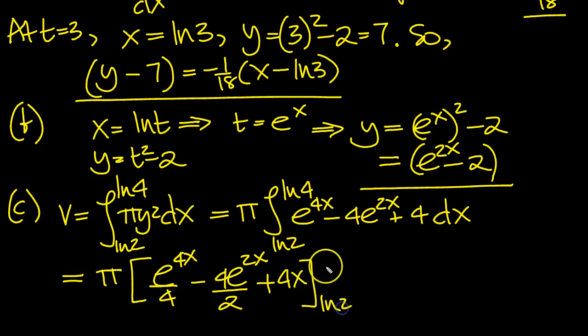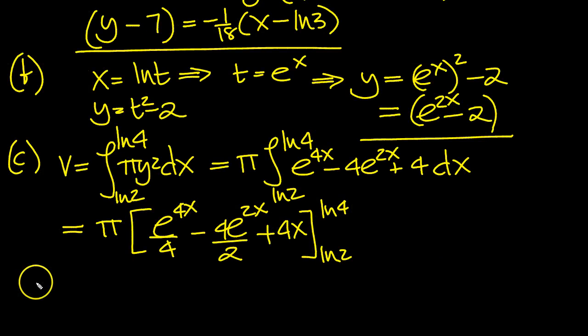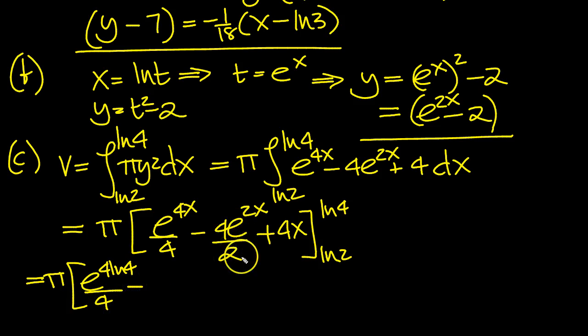And that's between the bounds log 2 and log 4. So what have we got then? That's equal to pi, top value take bottom value, isn't it? Put the log 4 in. So e to the 4 ln 4 over 4 minus the 4 over 2 becomes 2 e to the 2 log 4 plus 4 ln 4, isn't it?